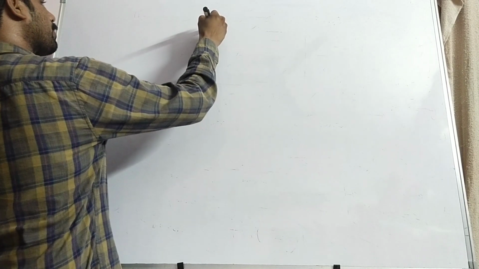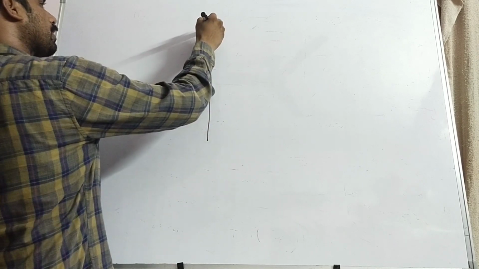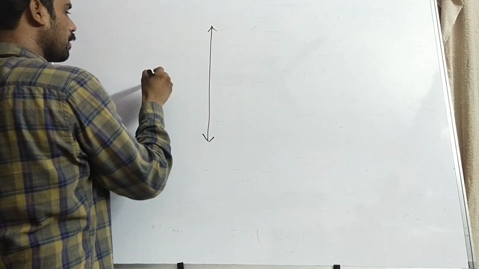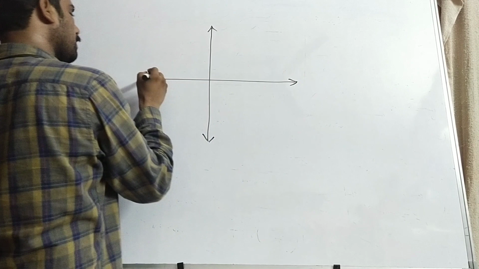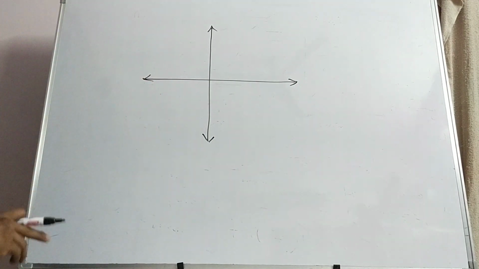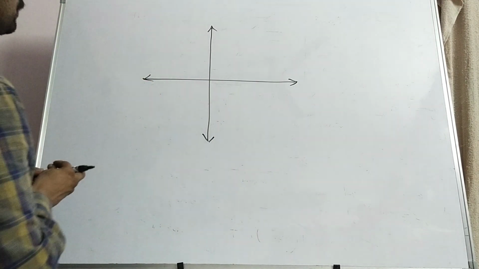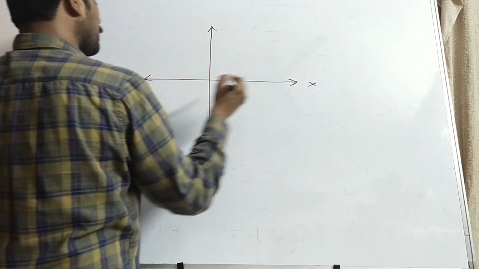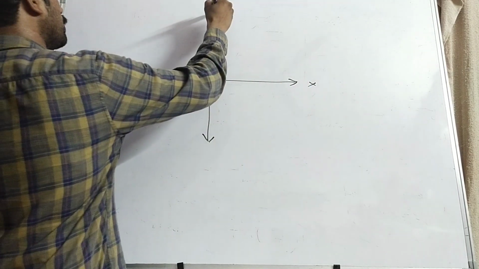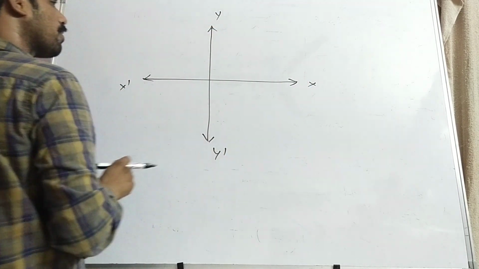Okay. Now here we have an example. Some vectors making certain angles in different quadrants, say x dash, y dash.